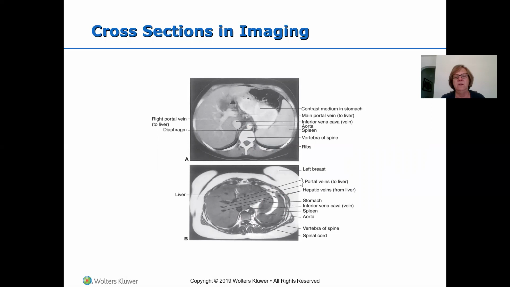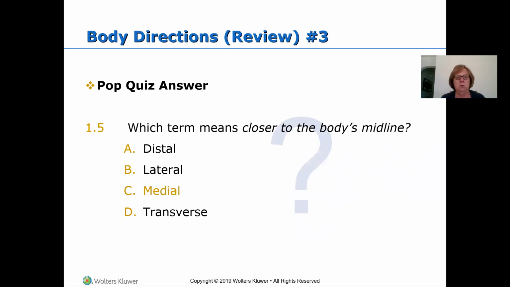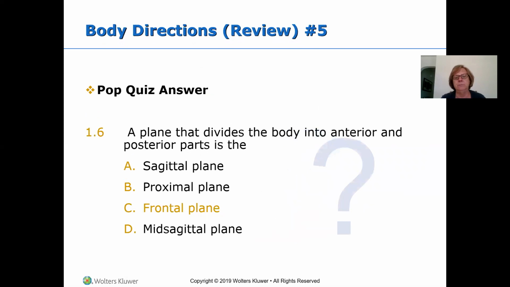So it's cut through the midline, straight through. Okay, so what term means closer to the body's midline? Of course, that would be the medial. And then a plane that divides the body into anterior and posterior parts, that would be the frontal plane. Okay, so you get a front half and a back half.